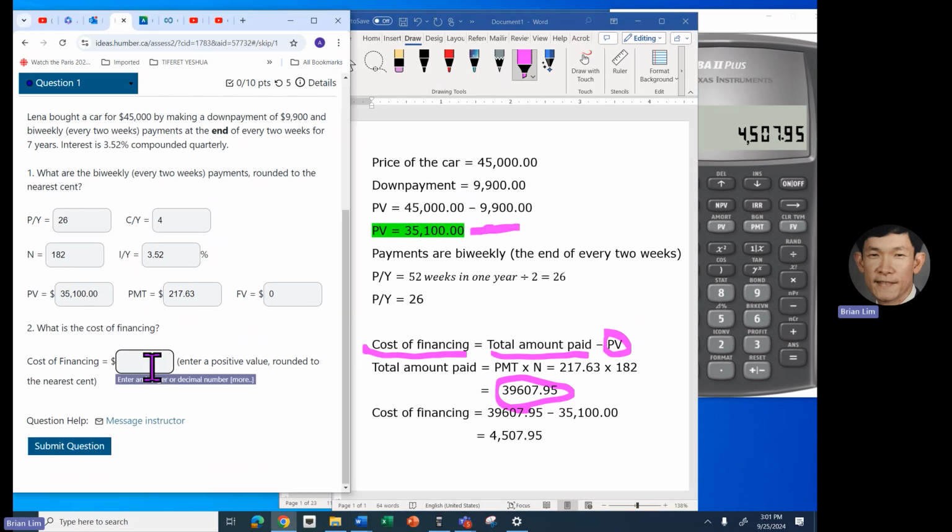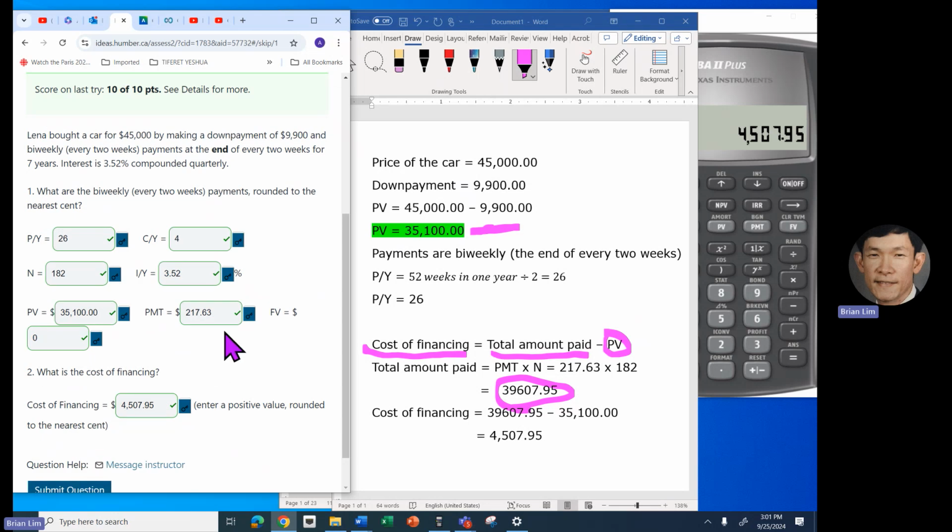We go over here and insert the number 4,507.95. Right, let's go back and correct that. And there we are, 4507.95. We submit and all the answers are correct.